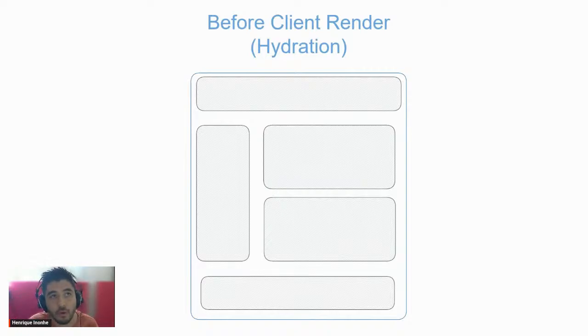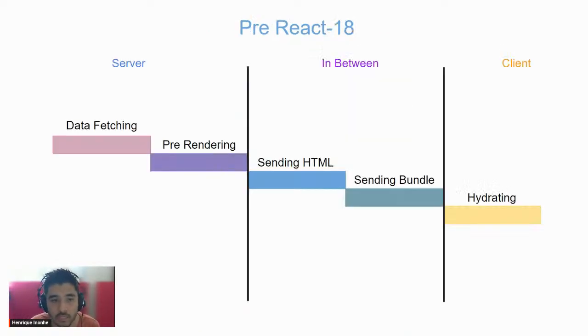So before React 18, this SSR process happened in a single pass, or sequentially, which gives rise to a bunch of waterfalls. This is what the process looks like in terms of timeline. We have to do the data fetching for the whole application, and only after we do that can we start pre-rendering the application on the server, and then we have to pre-render the whole application.